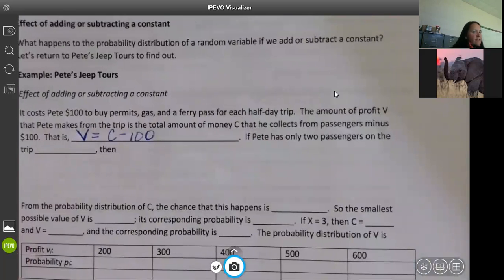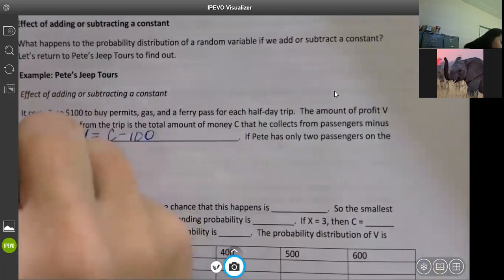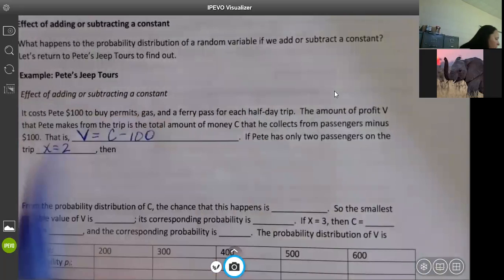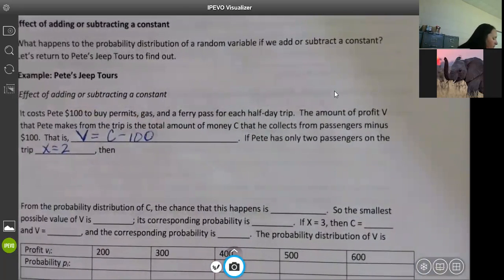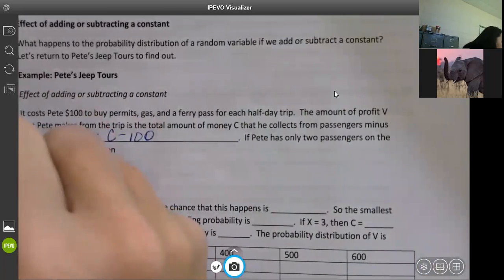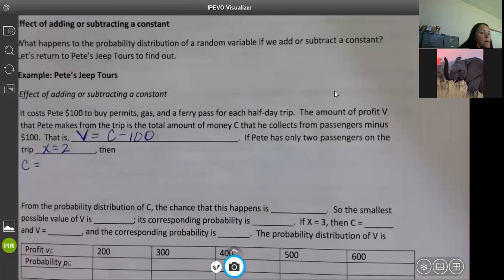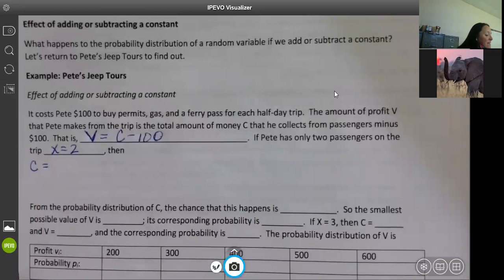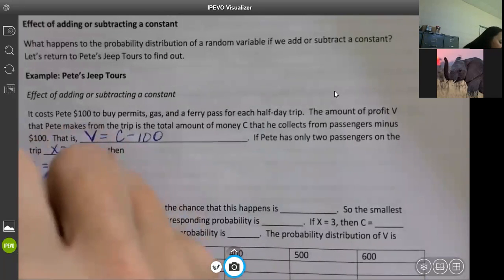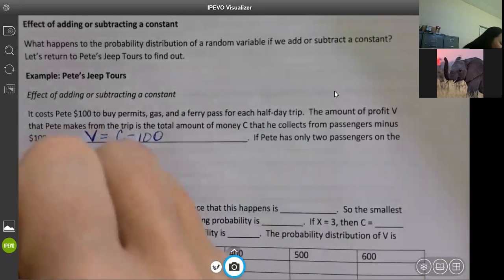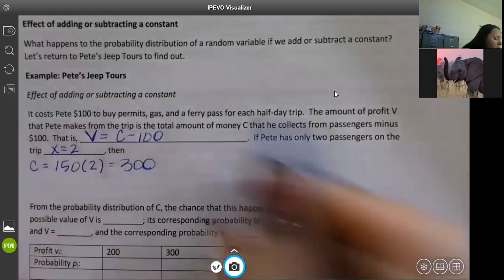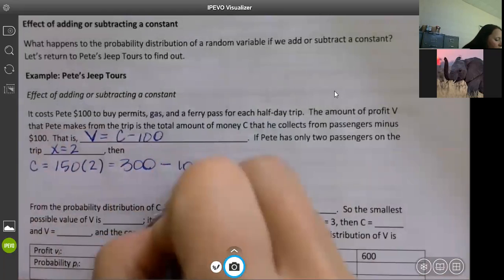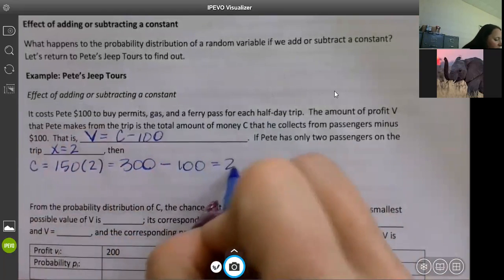So if he only has 2 passengers on the trip, and none of these numbers are right, I'm just going to let you know I screwed this part up. Then we had to go back to what he collected. So we did 150 times 2, which was 300. But then we have to subtract the 100, which would give us 200.